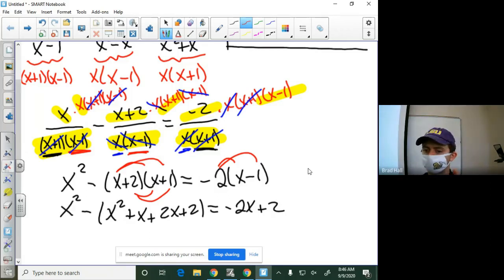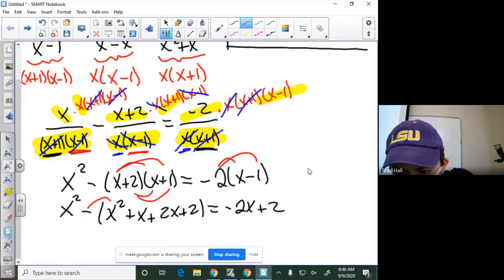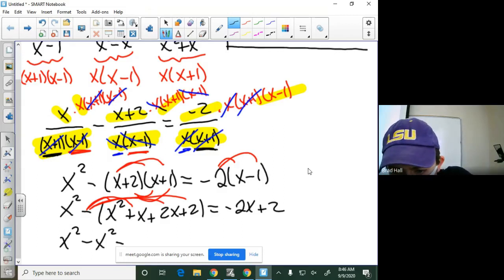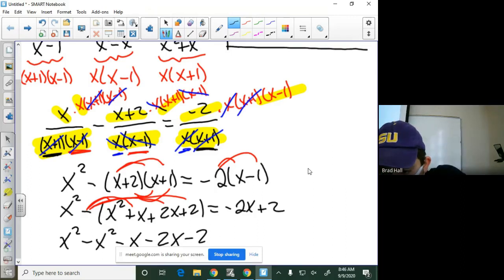I kept the FOILed part in parentheses because we have to further distribute the minus sign. So -x squared minus x minus 2x minus 2.